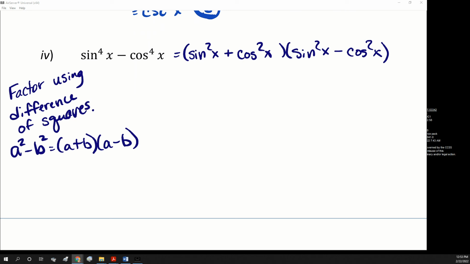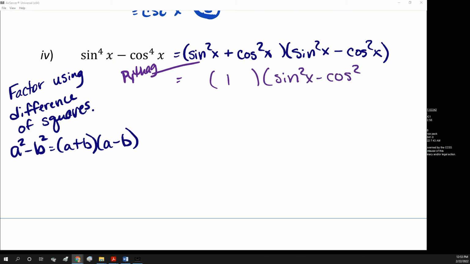All right, so that's still not one of the answer choices. Do you guys see an identity we can use? Pythagorean identity. Very good. So sine squared of x plus cosine squared of x is going to be 1.